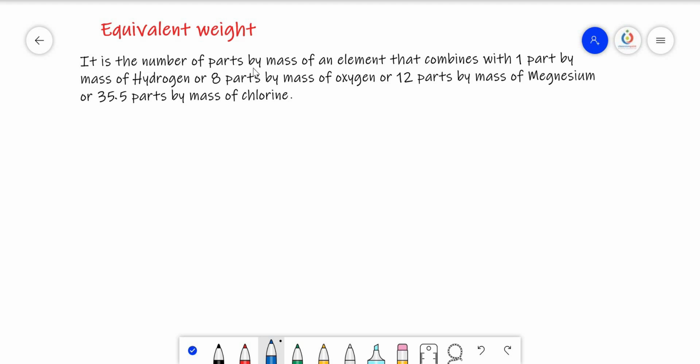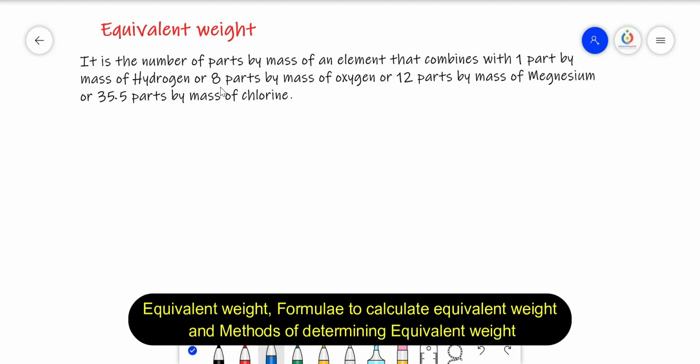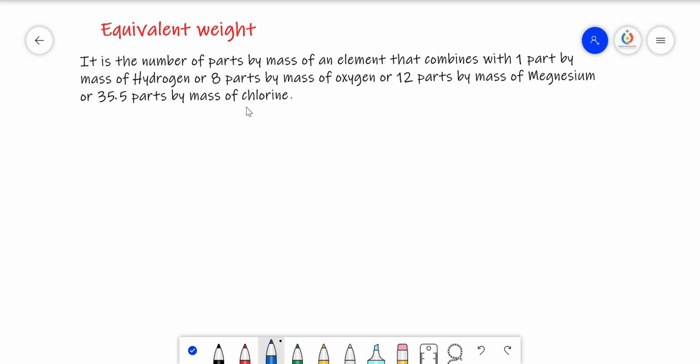It is the number of parts by mass of an element that combines with one part by mass of hydrogen, or 8 parts by mass of oxygen, or 12 parts by mass of magnesium, or 35.5 parts by mass of chlorine. So here they said parts by mass.